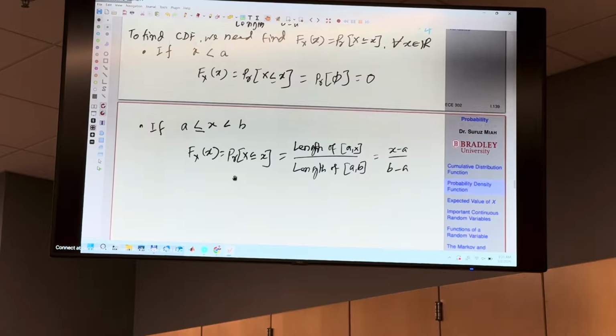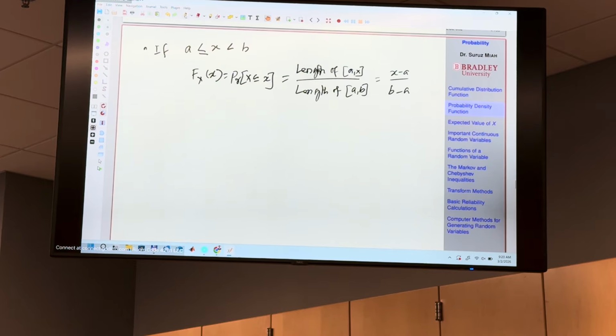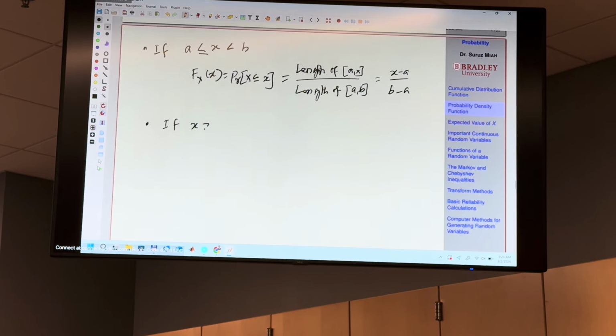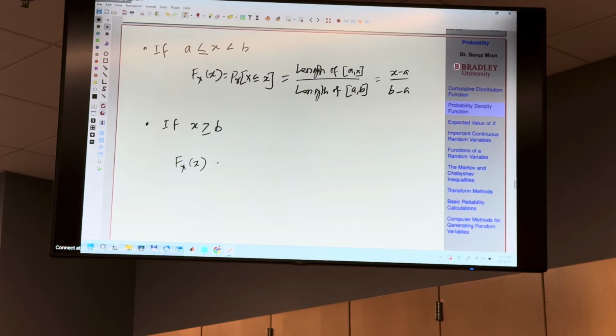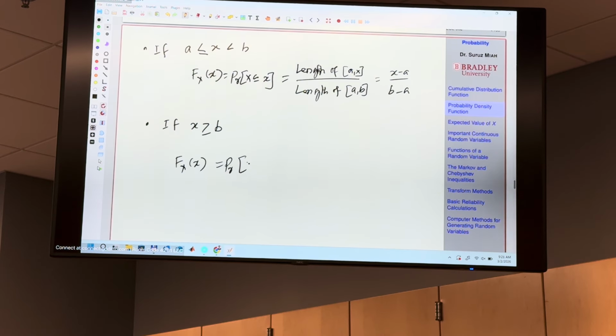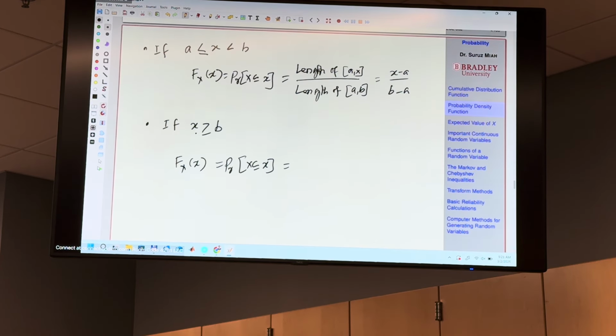Now we have the last condition, which is if x is greater than or equal to b. That will cover the entire real line. In that case, F sub X, the CDF, which is by definition the probability that X is less than or equal to x, is going to be... x can take all the way to b here, and after x greater than b, it is an impossible event, so that probability is 0.